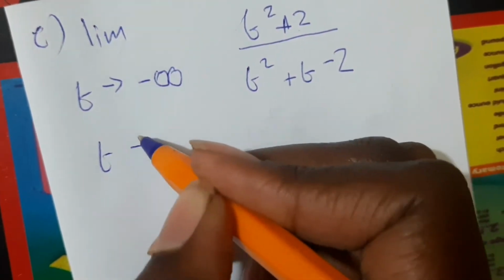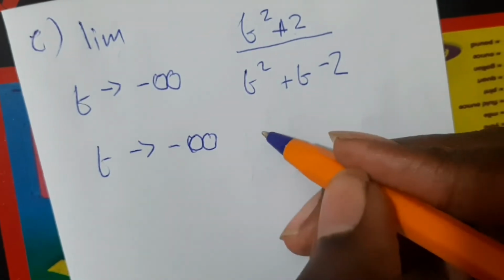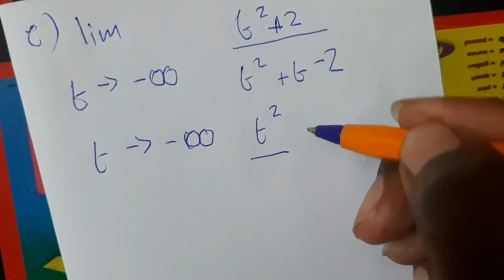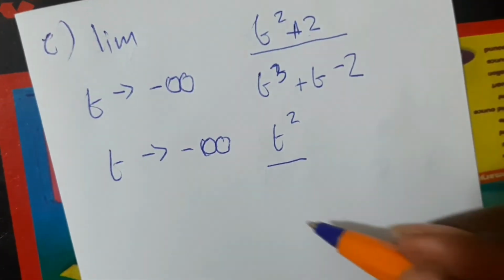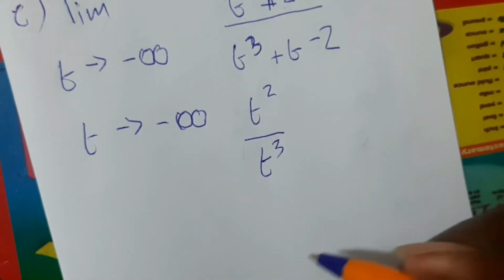So t to negative infinity, t squared over, this is actually cubed. This is cubed, so t squared over t cubed.